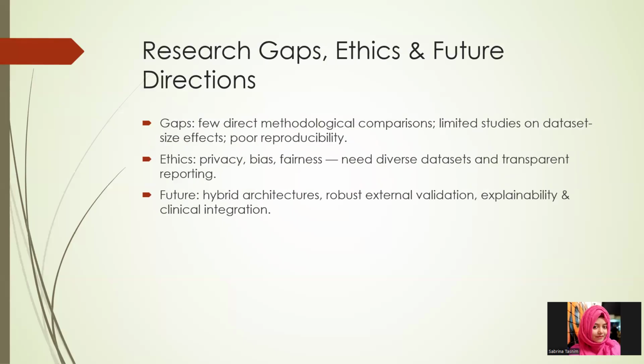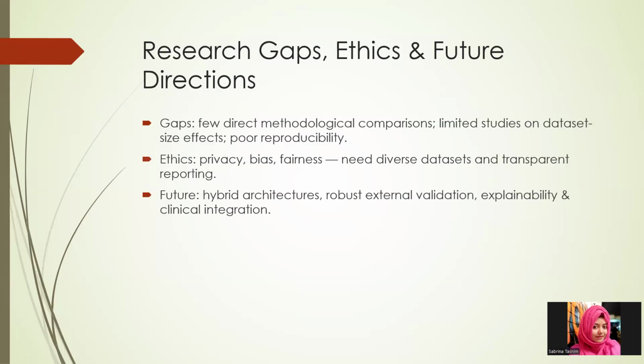Moving to the next slide: research gaps, ethics, and future direction. This study identifies several gaps. If we go one by one: first, there are limited direct methodological comparisons between CNN and transformer architectures in medical imaging. Next, few studies analyze how dataset size affects architecture performance.